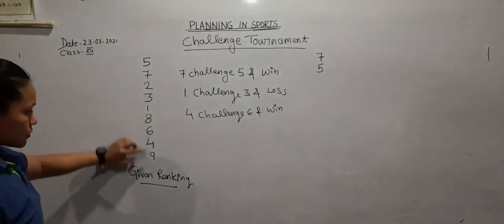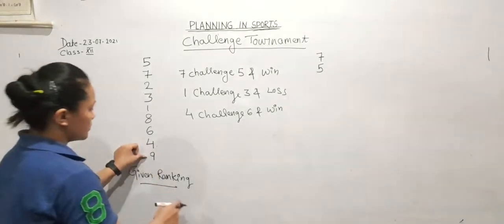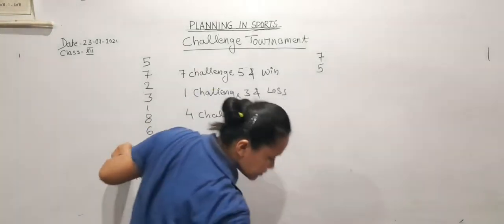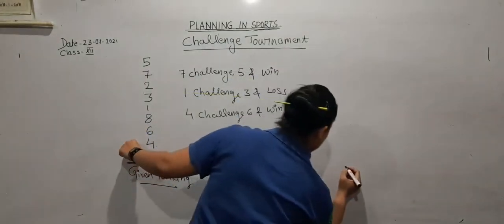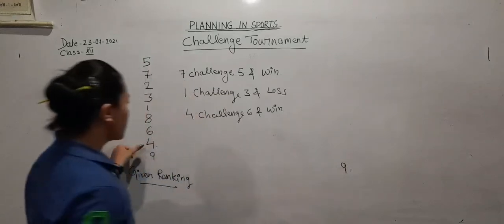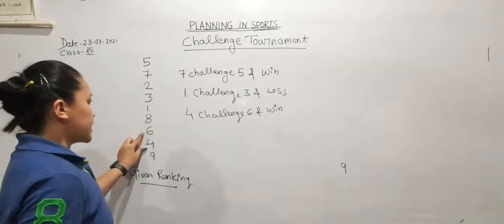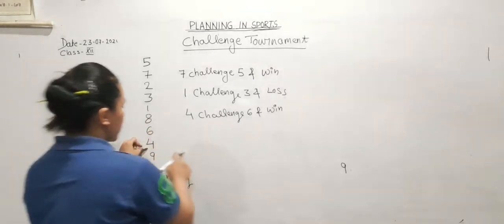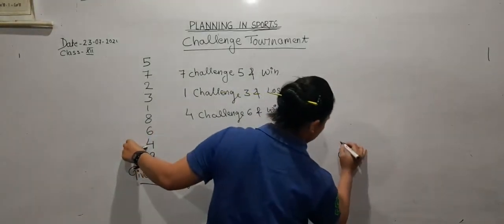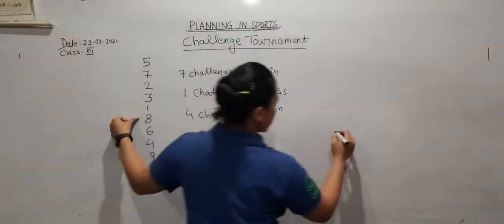Now from downward, 9, no one challenges 9. 4 challenges 6 and wins. Therefore 4 will get the rank of 6 and 6 will come down. 4 goes up. 8, no one challenges 8.